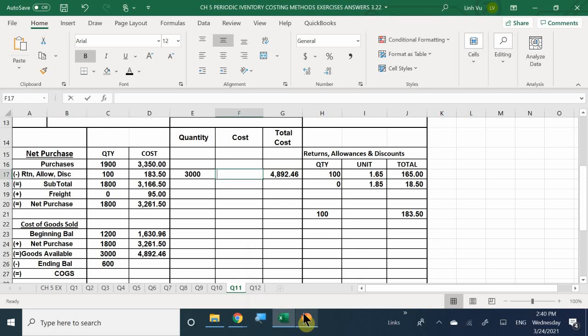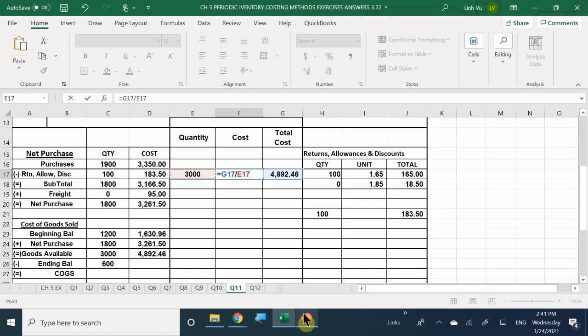I can go ahead and calculate my average cost per item, which we know is your total cost divided by your quantity. In this case, I'm going to take my 4,892.46 and divide it by my 3,000, because I'm spreading my cost evenly throughout my entire quantity. I don't care what I purchased it at.